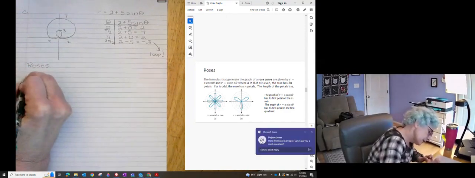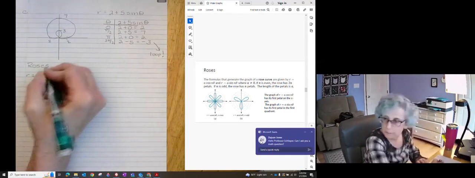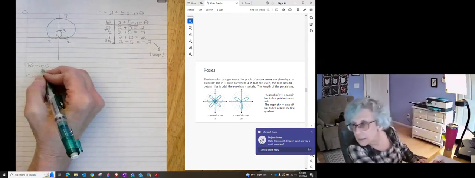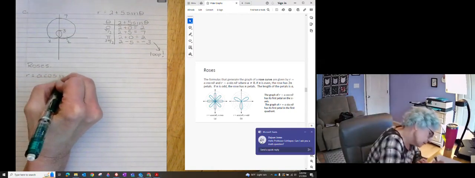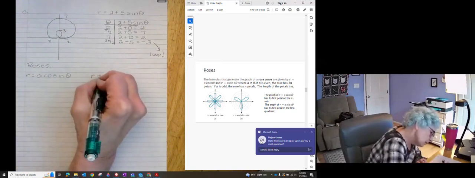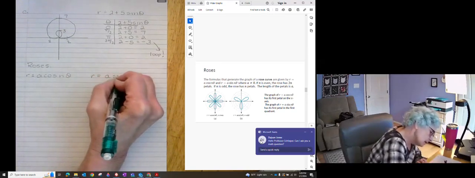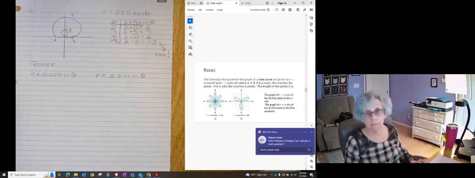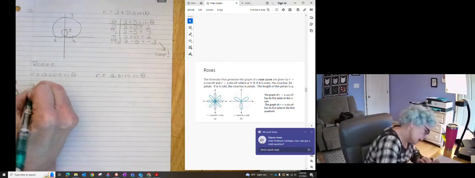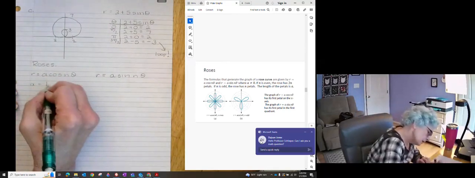I'm going to write it down. r equals a cosine n theta, or r equals a sine n theta. a is the length of a petal.